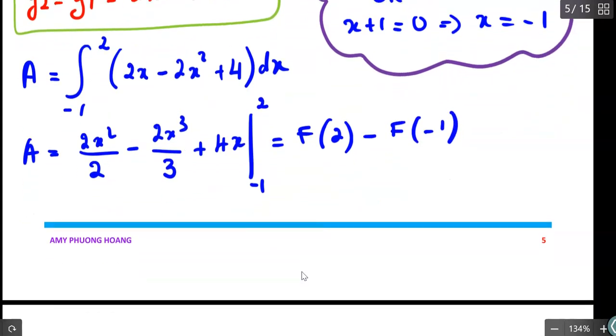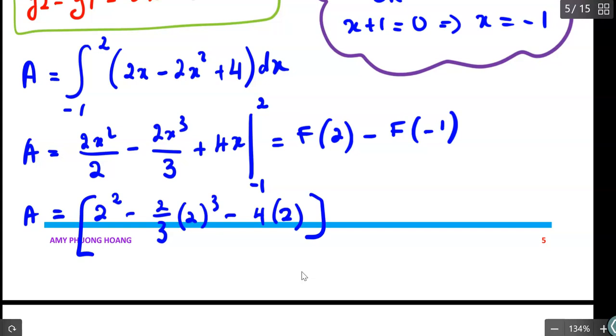So I will do it step by step. So area equals, I will have, this one will be 2, so 2 squared will be the x squared term. Subtract 2 over 3 times 2 to the exponent 3. Subtract 4 times 2 and close the bracket.